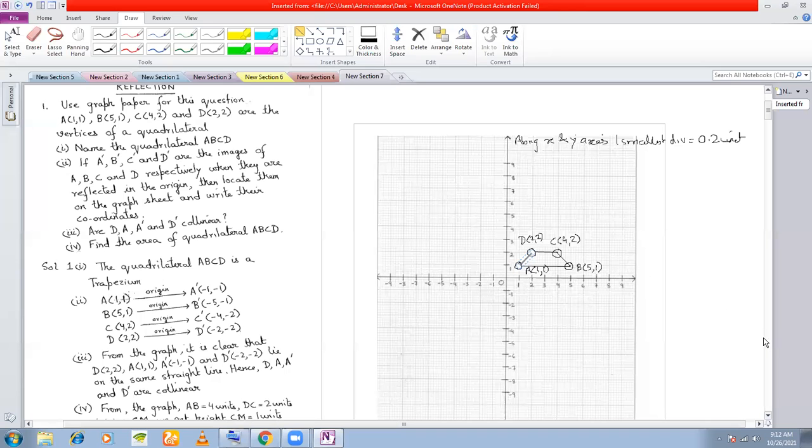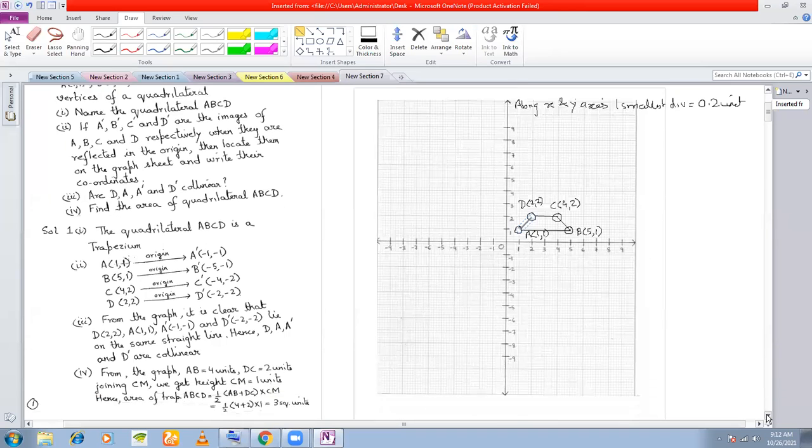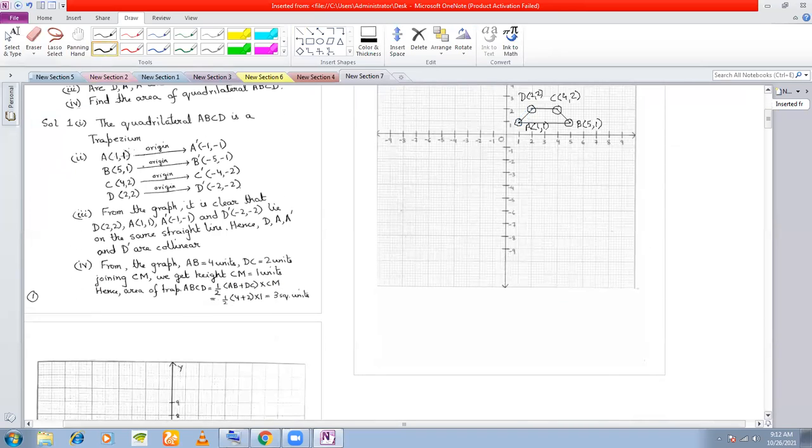So your first answer is that the quadrilateral ABCD is a trapezium. That answers the first question.